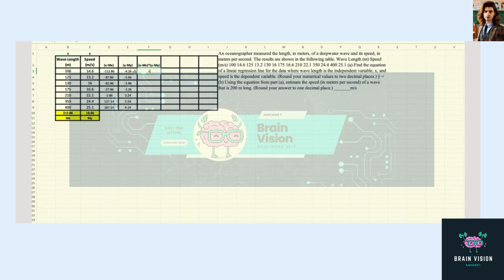Then I'm going to take this value and multiply it by this value, and then this value times this value, and so on and so forth. Then I'm going to total up this entire column, and this is known as the sum of my products.